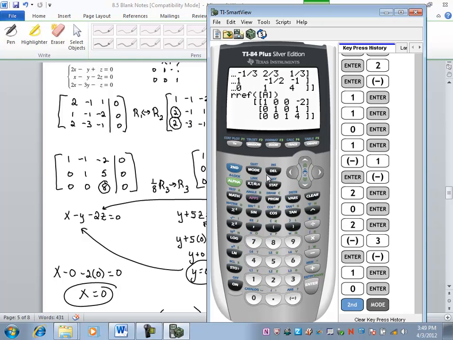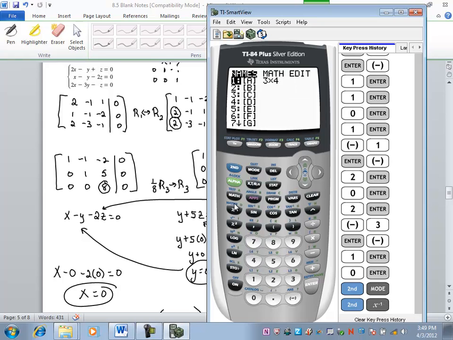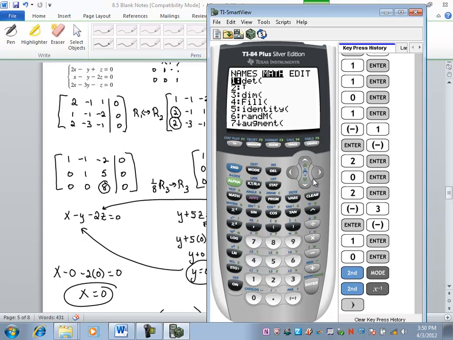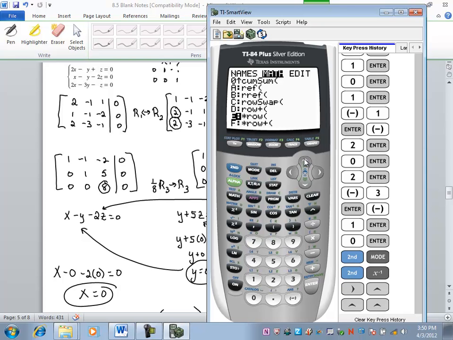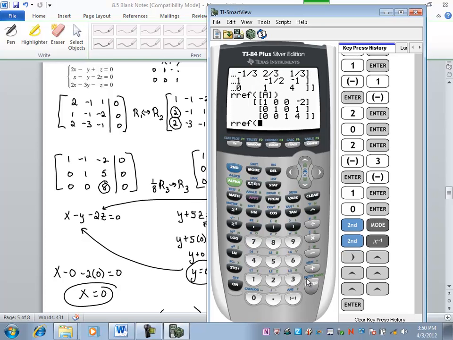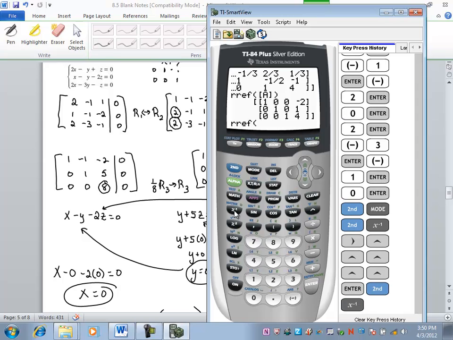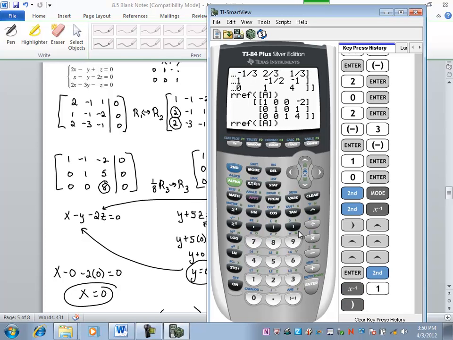Let's quit out of this, pull back our matrix menu, go over to math, and we are going to use the RREF option. We're just going to go straight to that and see if the calculator gets the same solution that we do. Again on matrix A, so option 1. By the way, I should mention, for those of you that are familiar with the second enter command, you could have done that here.